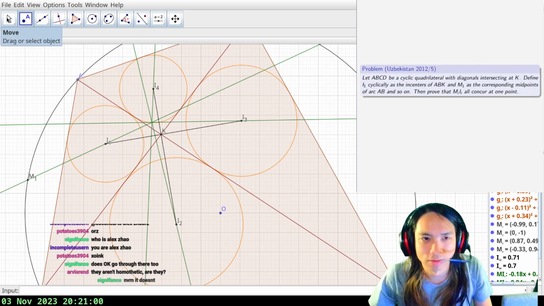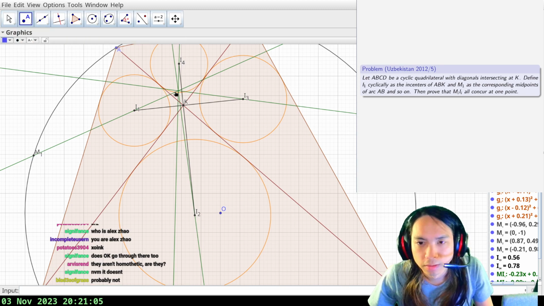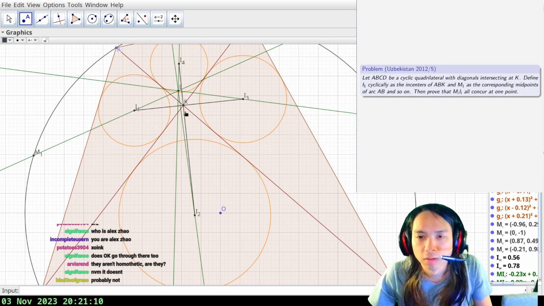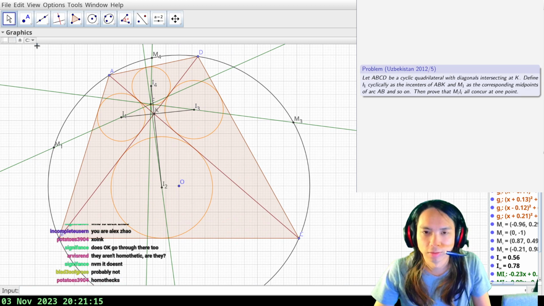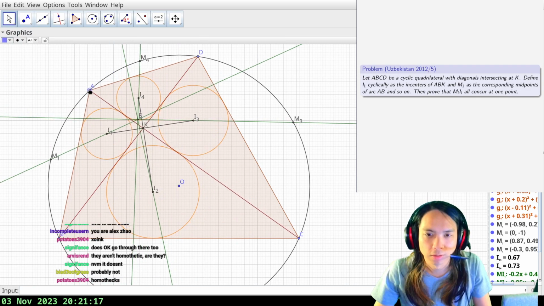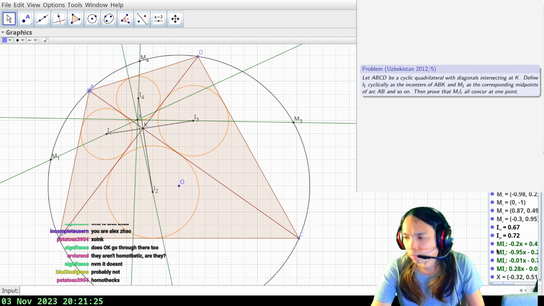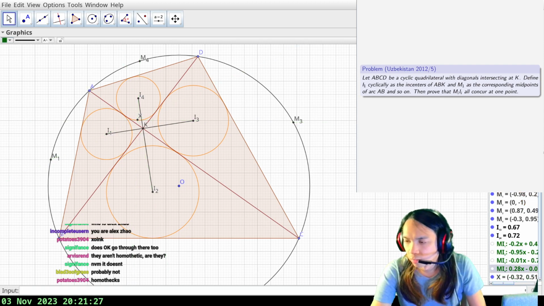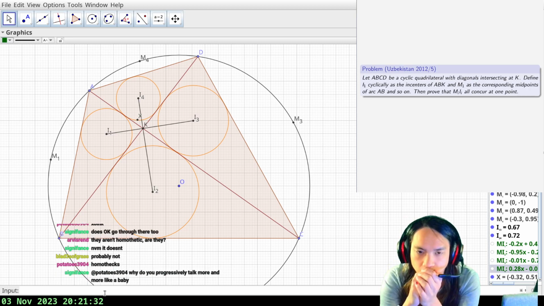Oh god, I need to not have it land on the orange circle exactly. Okay.